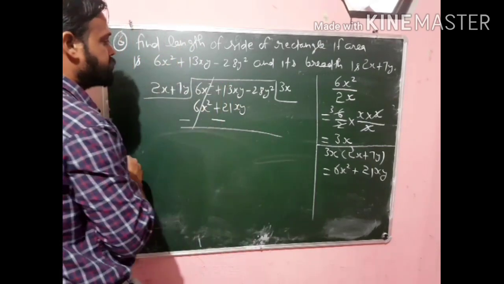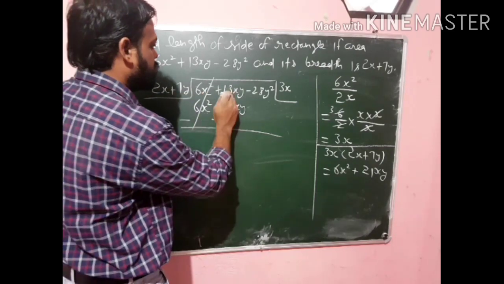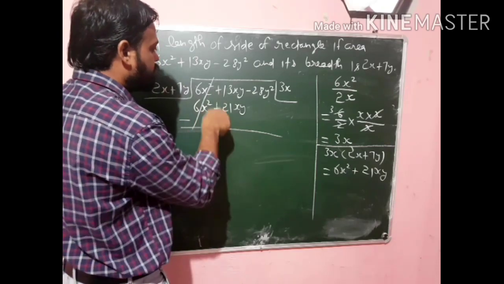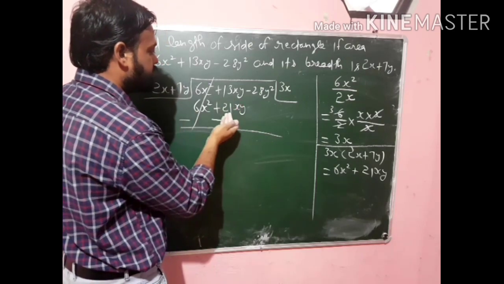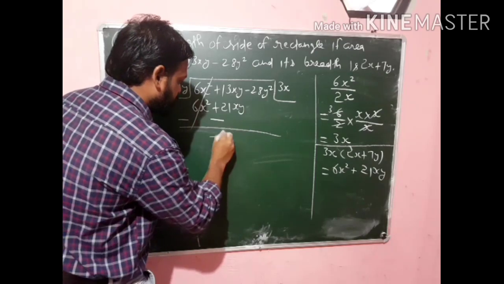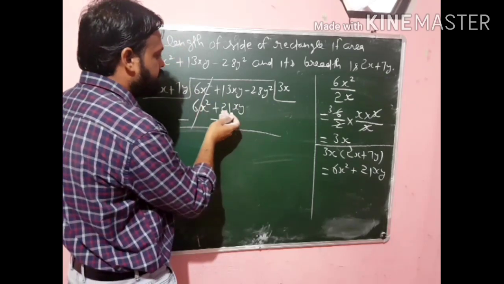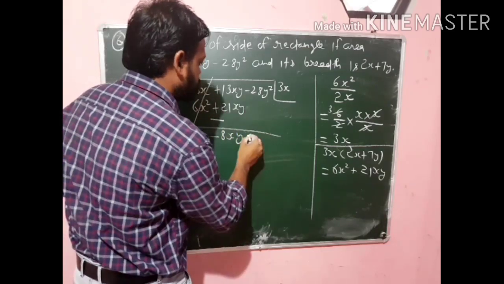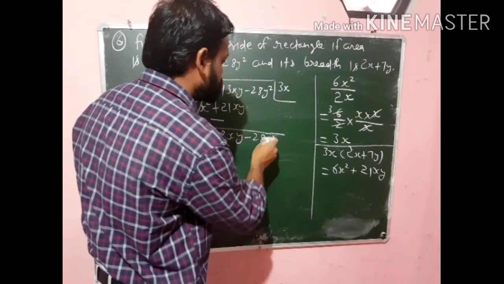Of course this 6x square is cancelled because both terms have opposite signs. Now this is of plus sign and this is of minus sign, so we have to subtract the terms. 13 is of plus sign and 21 is of minus sign, so subtracting the terms we get minus 8, because 13 minus 21 is minus 8. 21 is the larger term and it has a negative sign. So xy remains as it is, minus 28y square. I hope this is clear to you.